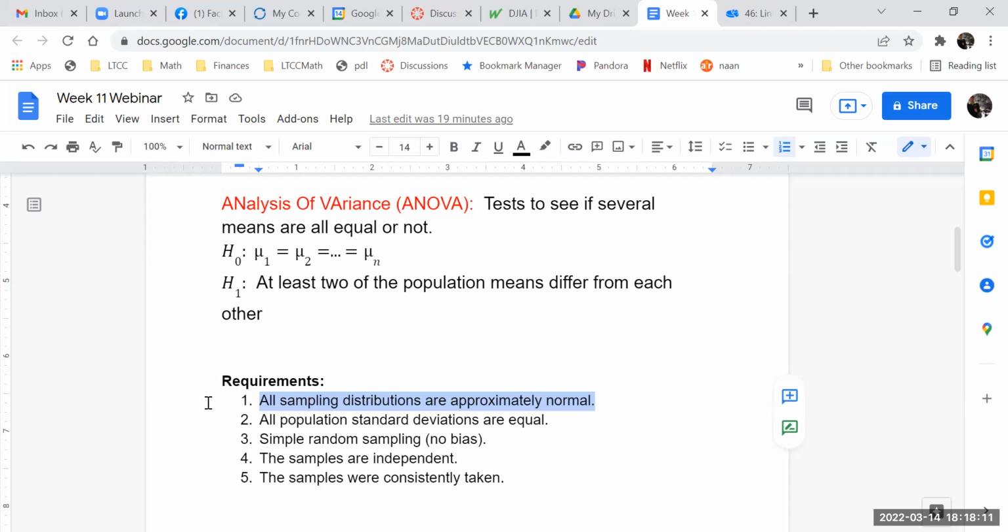You'd have to know all the states had a normal distribution, and you pretty much never can. So instead, you make sure all the sampling distributions are approximately normal. So you don't have to have the states themselves all be normal, because you can let the sampling distributions all be normal. So what do you have to do and make sure of in every state?